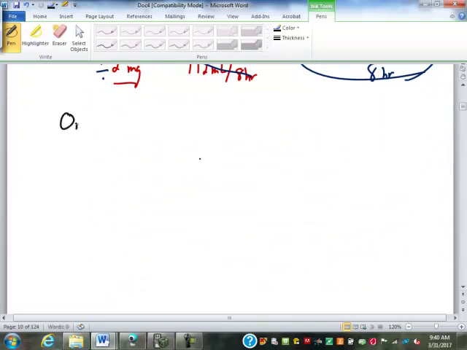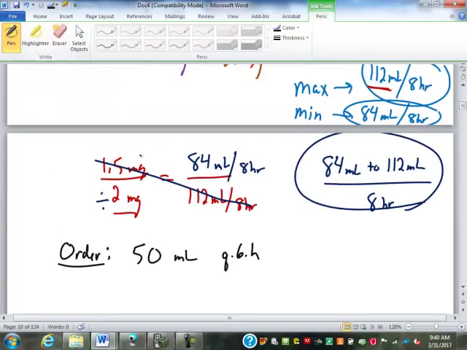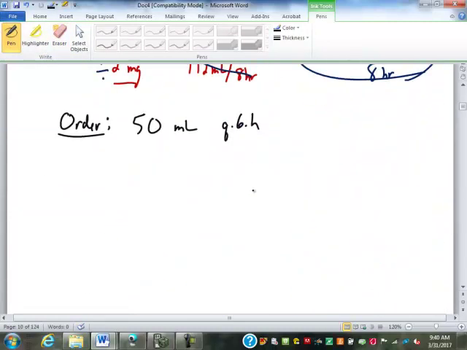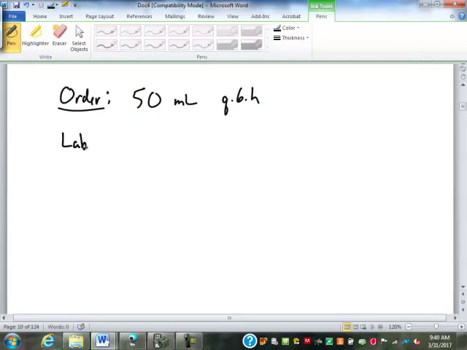Let's say that the doctor orders 50 milliliters Q6H. Remember, that means every 6 hours. And the label is telling us that it is constituted at 5 milligrams in 2 milliliters.